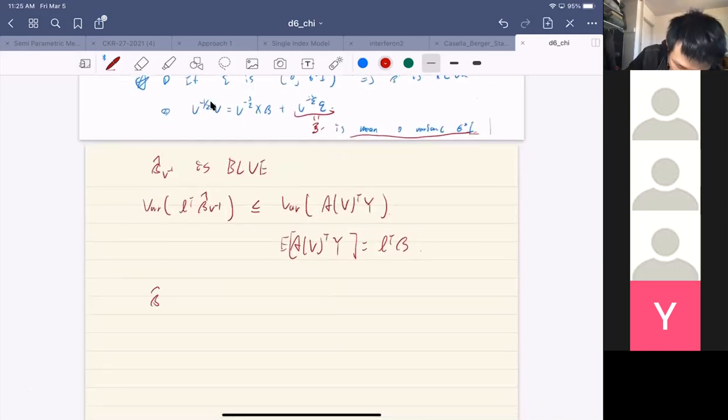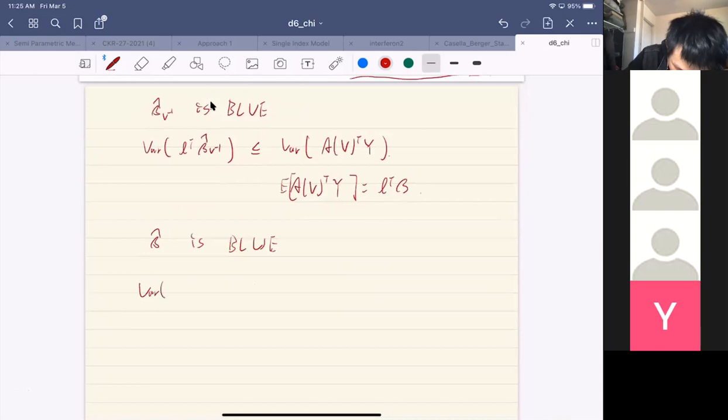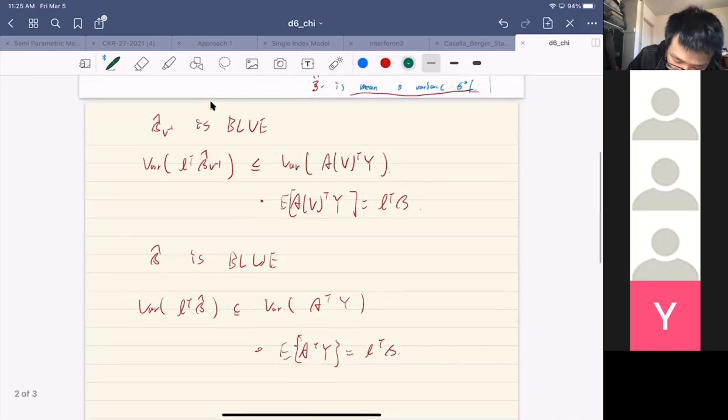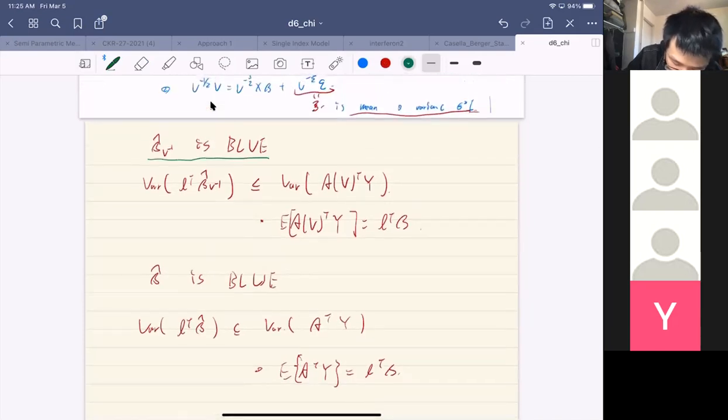And when we say beta hat is BLUE, this means the variance of this is smaller for every function A transpose Y, and we need a condition. So when we want to say the BLUE of this implies the BLUE of this, the definitions of these two BLUEs are not the same, so we have to be careful.